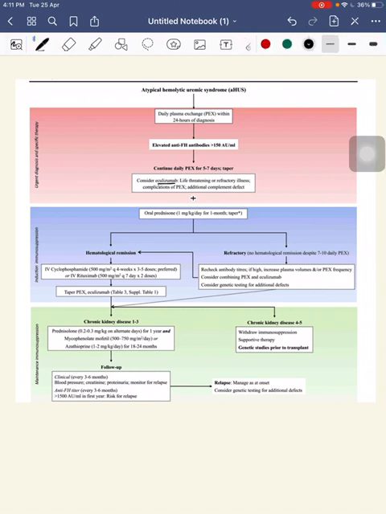Okay. Next, along with this, you are giving oral prednisolone at the dose of 1 mg per kg per day for 4 weeks. Then you are going to taper it.